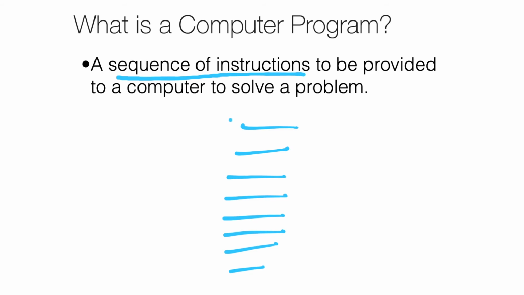Similarly, if you are solving a problem using a computer, you have to give a sequence of instructions to a computer, because a computer cannot think on its own and it cannot solve problems on its own. As humans or as programmers, we have to give instructions to solve a particular problem.